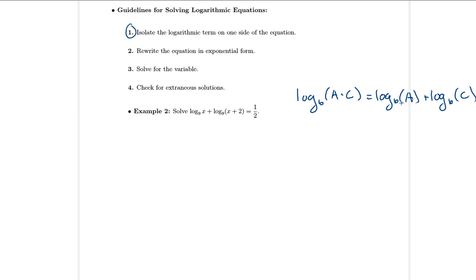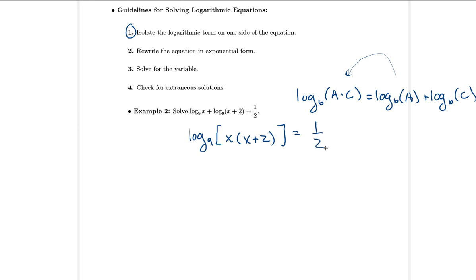Well, the right side of this seems to be what I have here. So I should be able to go this direction and write these 2 logarithmic terms as a single logarithm. So according to this property, I should be able to say the log base 9 of x times x plus 2 is equal to 1/2.